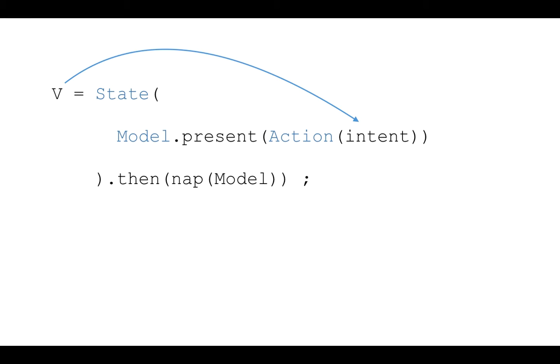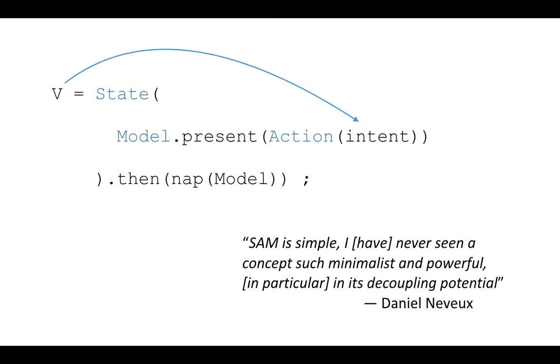If we could summarize the pattern, it could be summarized in just one line of code. That's what the pattern looks like: the view is a function of the model. The function is called the state function. It has one argument, the model, and the model changes.